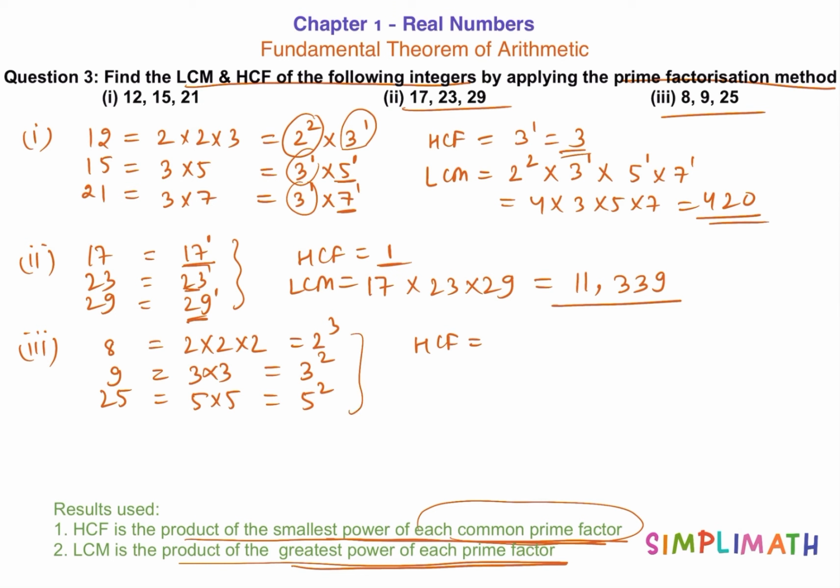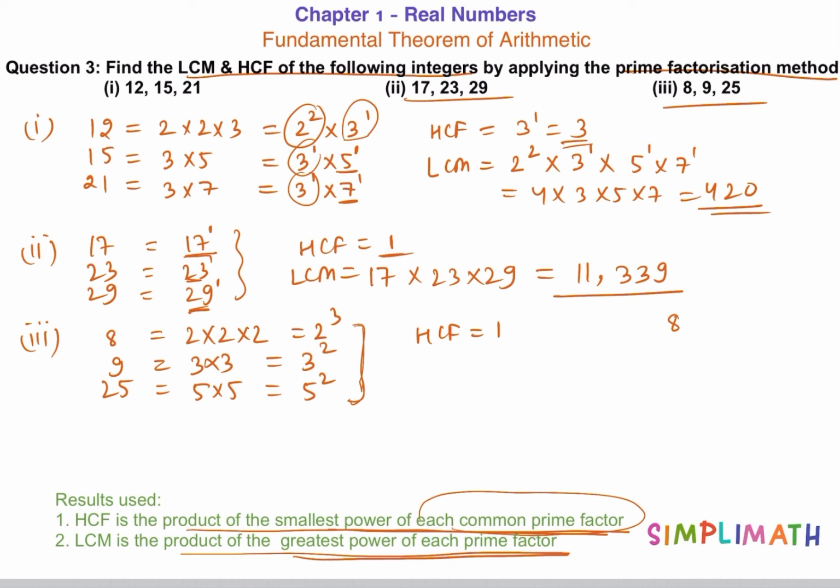We can't see any prime factor which is common among the three numbers except for 1, because we know that for any number of numbers, 1 would always be common amongst them. 8 can be written as 2 to the power 3 into 1. 9 can be written as 3 to the power 2 into 1. 25 can be written as 5 to the power 2 into 1. So, like this 1 is hidden, we don't write it. So, 1 is anyway common among all the three numbers. So, HCF is 1.